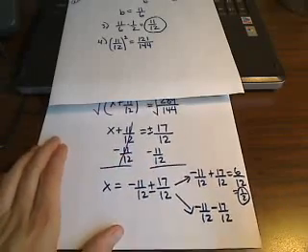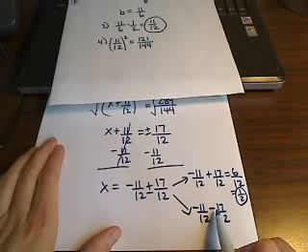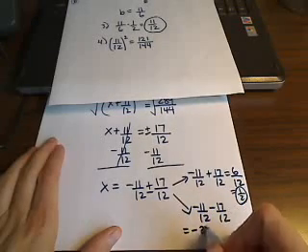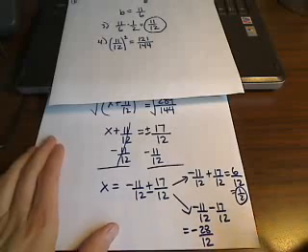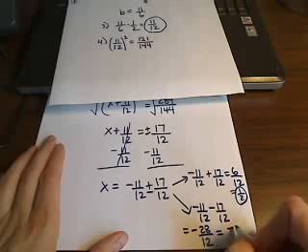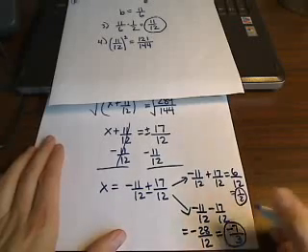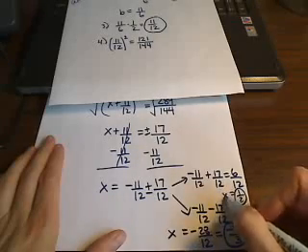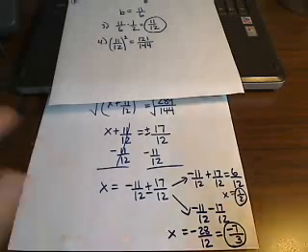And then this one right here, negative 11 minus 17, that's negative 28 over 12, which will reduce. Let's see, 4 will go into both of those, so this is negative 7 over 3. So 1/2 and negative 7/3 are what x equals. Okay? All right.